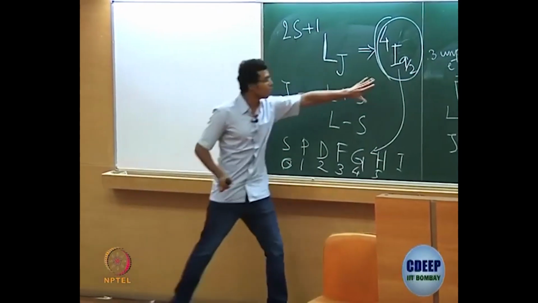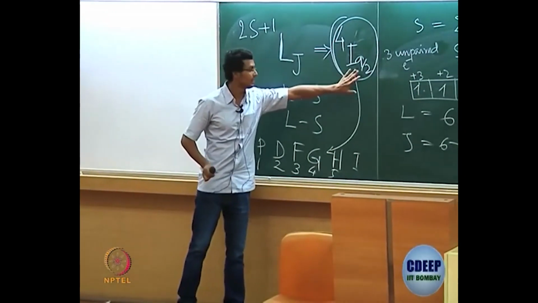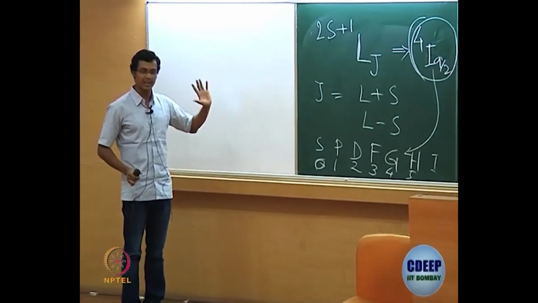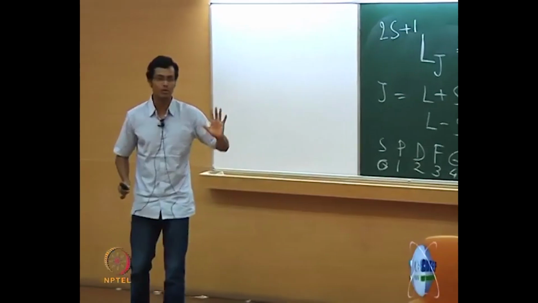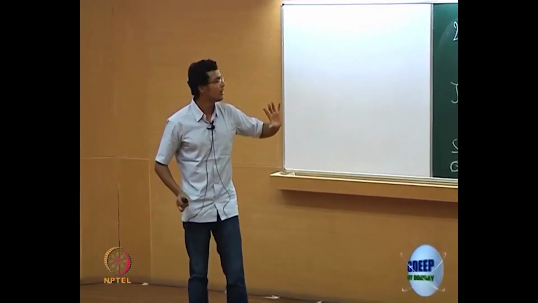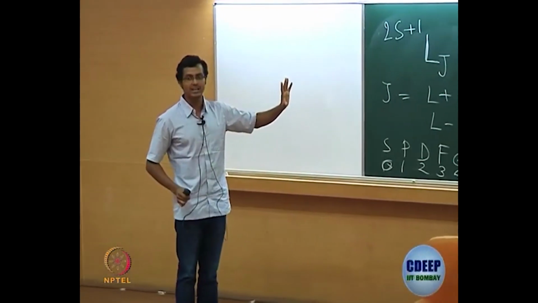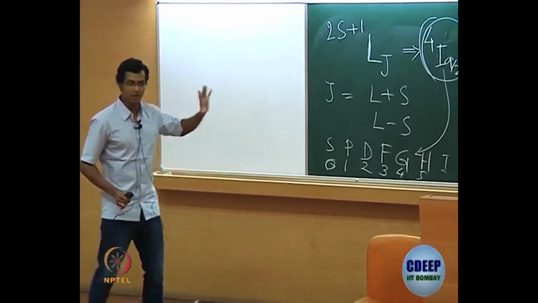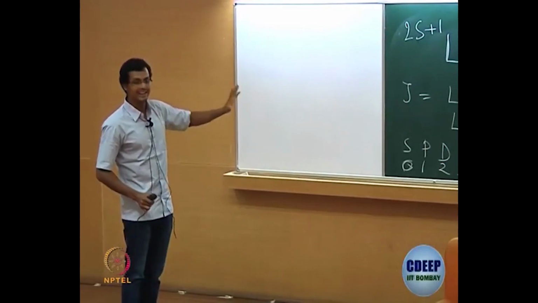Although you don't really need to know this J term for the class, I think at least 30 or 40% of you know it, I don't know. So what we are trying to tell you is the derivation of the Russell-Saunders term symbol.